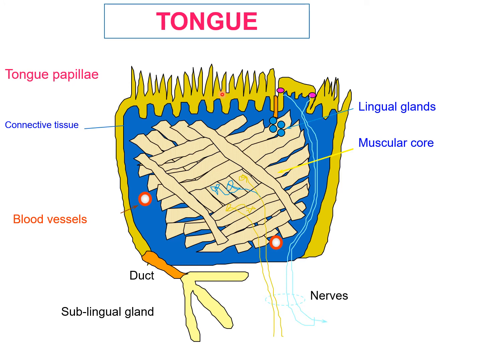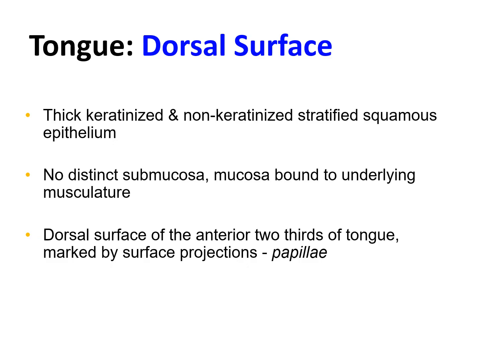And obviously, when we say oral mucosa, that includes the stratified squamous epithelium and the underlying connective tissue, which is lamina propria. So these two layers, oral epithelium is synonymous with epidermis of the skin, and lamina propria is synonymous with dermis of the skin. And then you also have the presence of duct.